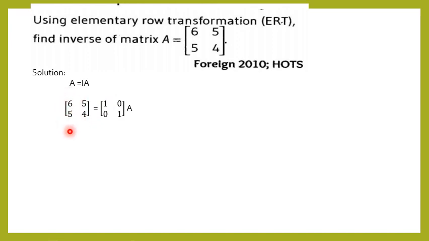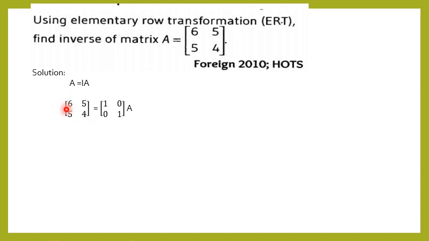We just substitute that matrix here. Then the identity matrix, which is also 2 by 2, we write on the RHS. Just leave A as A itself. So here we need to convert A to I.